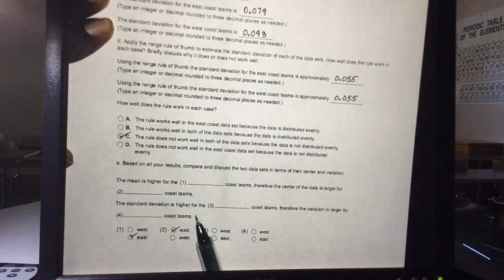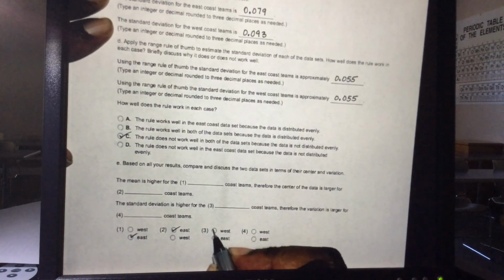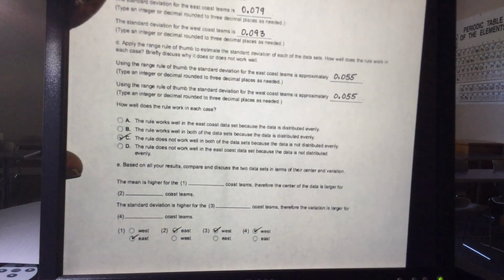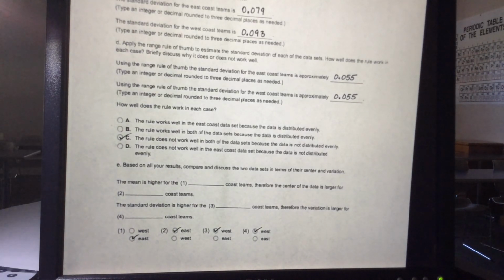So the standard deviation is higher for the West Coast teams. And therefore, the variation is larger for the West Coast teams. Okay. All right. That will conclude this particular video on measures of variation.